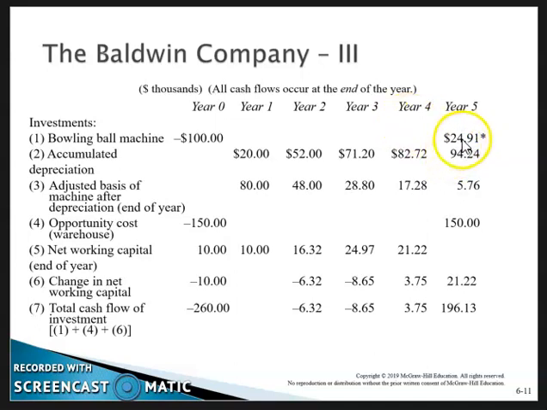This is net of salvage value, though it's actually not after tax. This is an inflow, and then the opportunity cost comes back in, and we get our working capital back. In our last year, our inflows are $196,130. These are calculated; they don't tell us how they're calculated.